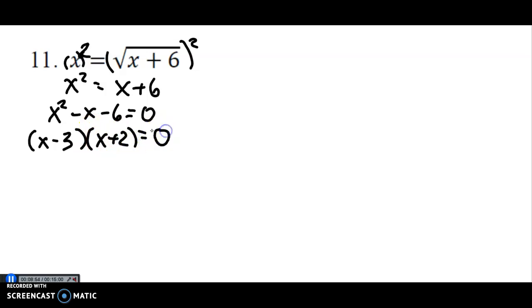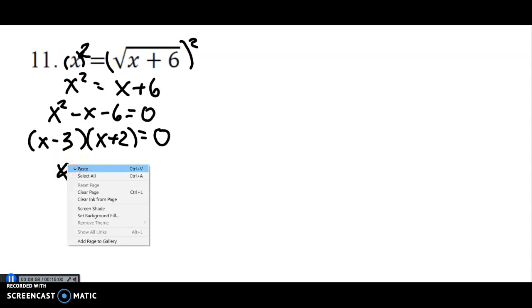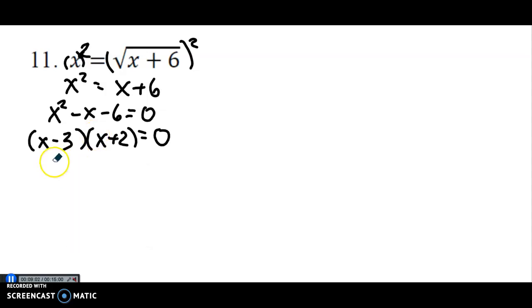That equals 0. And that means the answer to my equation, again, is anything that would make that 0. So x is going to equal either, in a solution set, -2 or +3.